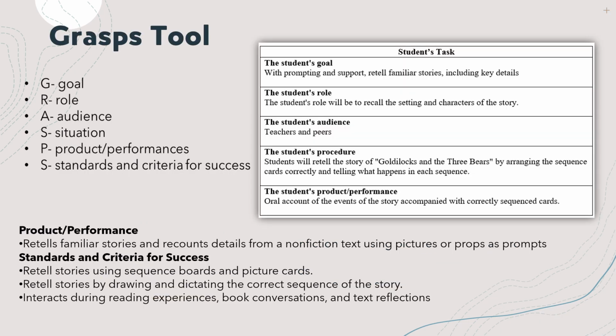A knowledge of your target audience is another essential component of a performance task, and developing these tasks includes measuring what children are learning so that they may assess and apply them to the real world. For the product performance section of the GRASPS model, the purpose of this task was for the child to retell familiar stories and recount details from a nonfiction text using pictures or props as prompts.